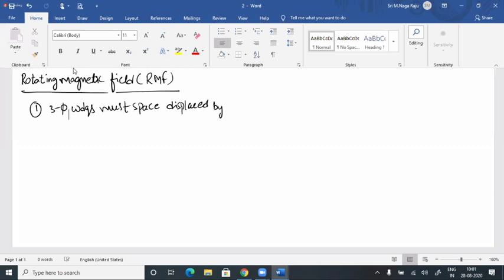First one is the three-phase windings must be space displaced by 120 degrees from each other. Second point is the currents passing through this winding must be time displaced by 120 degrees electrical.